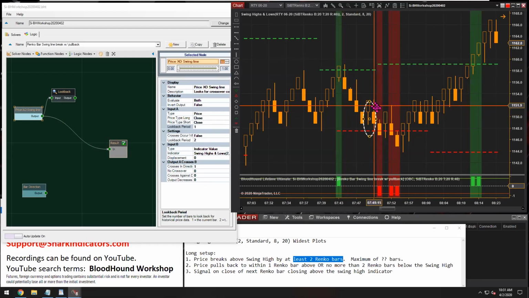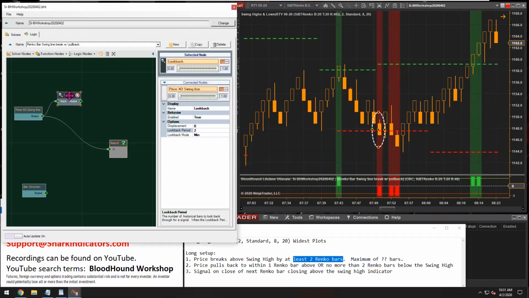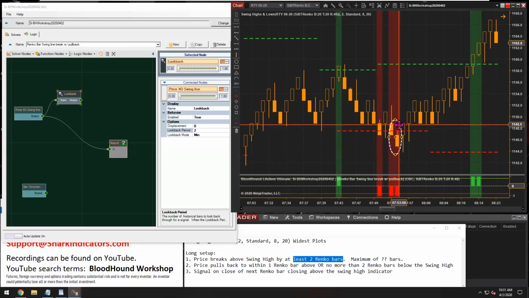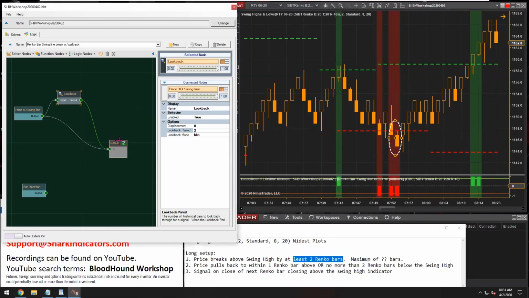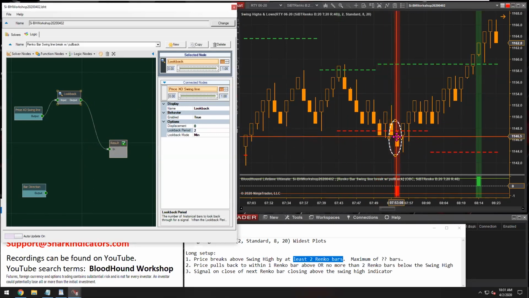Since we only got 1 signal from the crossover, it didn't show up past the look back node, because remember, the look back node needs a minimum of 2 signals. So here, if we look at the look back node, bingo, now the crossover signal is getting through.